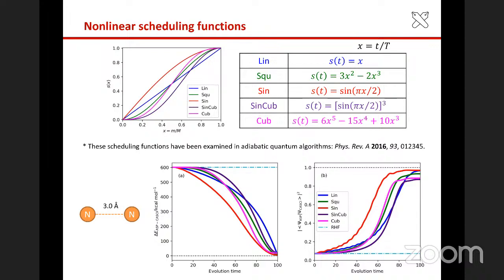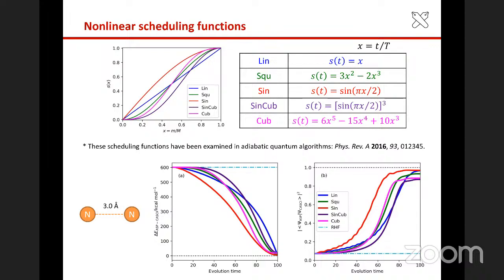You can see there are some oscillations for this red curve; the blue and red curves correspond to linear and sinusoidal schedules. And actually, this oscillation comes from the fact that the derivative at the point 0 is non-zero.